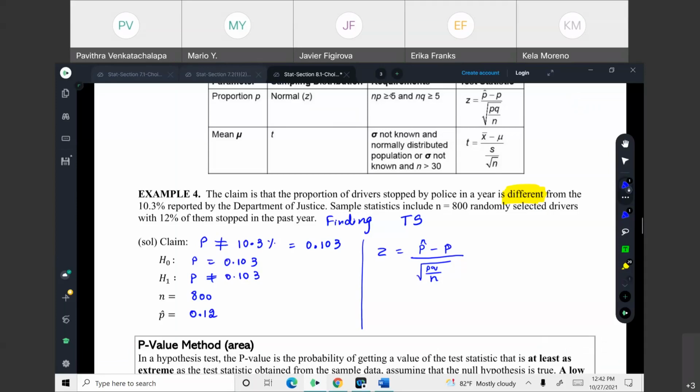You mean the p cap? So yeah, regular p will be 0.103.